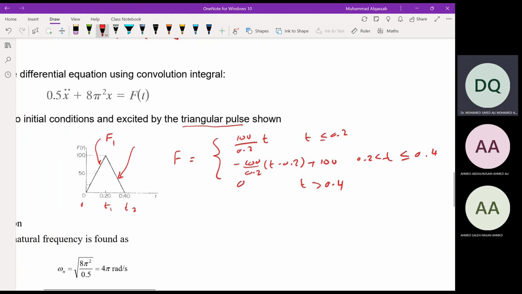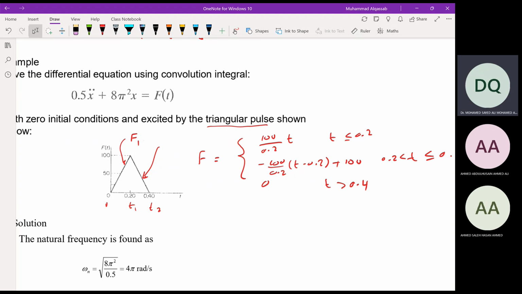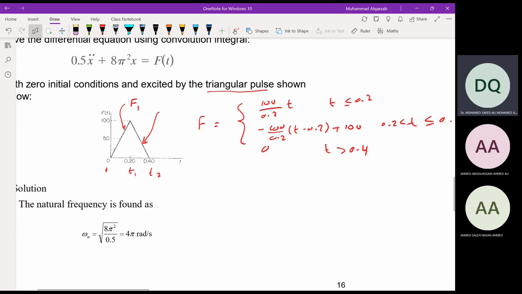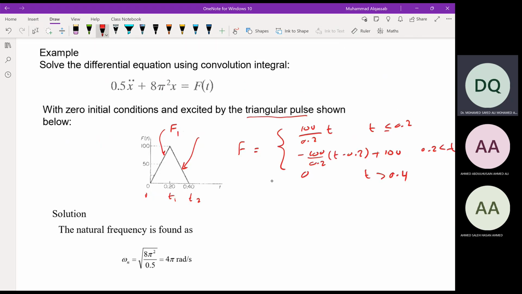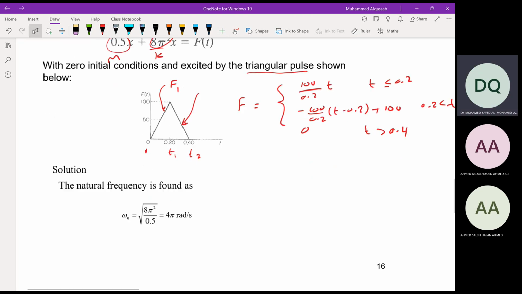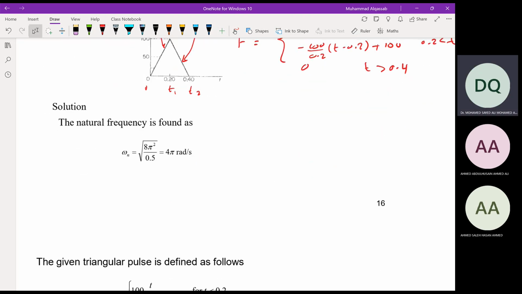This is the force. So first of all, omega n is square root of k over m. K here is 8 pi square, and m is 0.5. So omega n is square root of 8 pi square over 0.5, which is 4 pi radians per second.